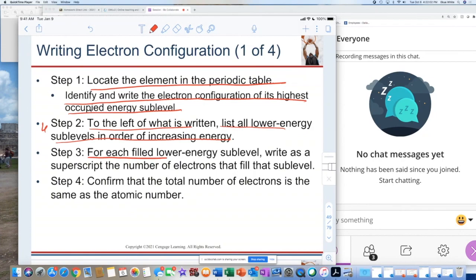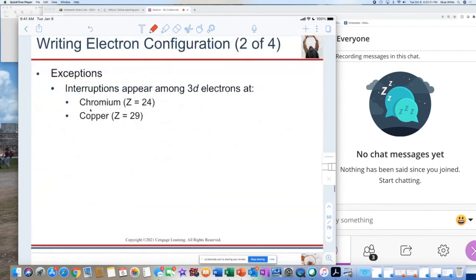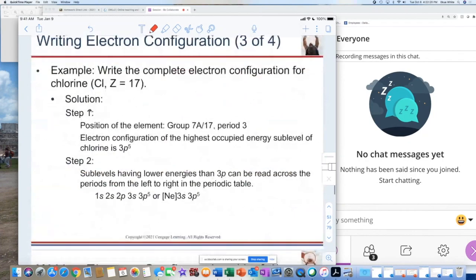For each filled lower energy sublevel, write as a superscript the number of electrons that fill that sublevel. So we were writing the sublevel numbers and then the number of electrons in those sublevels. Confirm that the total number of electrons, the superscript, is the same as the atomic number. So we were doing that in the process, okay? Now, there are some exceptions and interruptions that we're not going to be working on right here. We keep it simple with you guys.